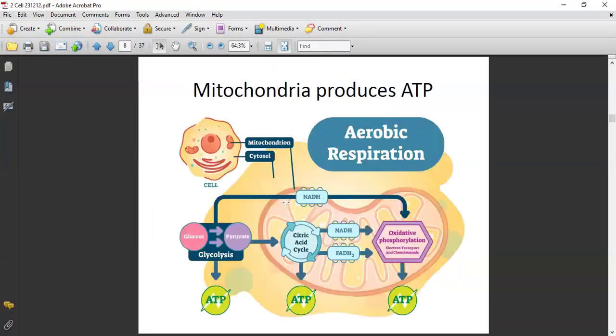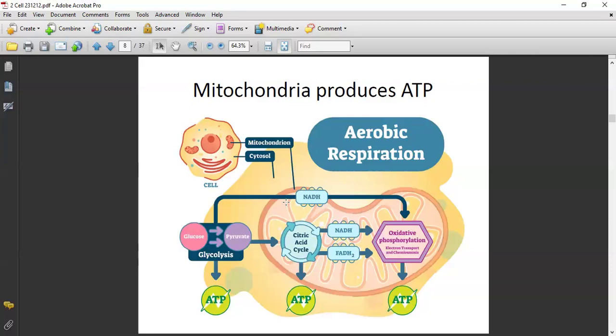So that's mitochondria. When we learn about biology, human biology, anatomy, physiology, or any health-related science, one mindset you need to keep in mind is that when you learn a new term, you always want to know its location and function.